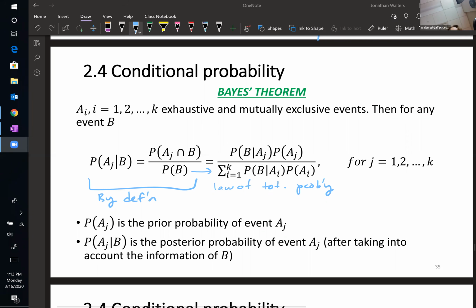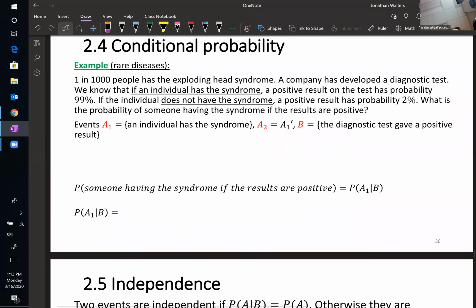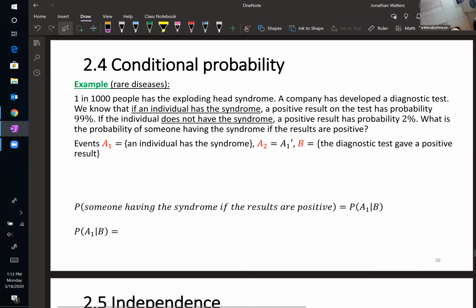So hopefully this example here will help that come to light, because it's pretty intense, and it's kind of strange actually. It makes sense for the most part until we get to the final answer. But it says a rare disease example, 1 in 1,000 people have exploding head syndrome.